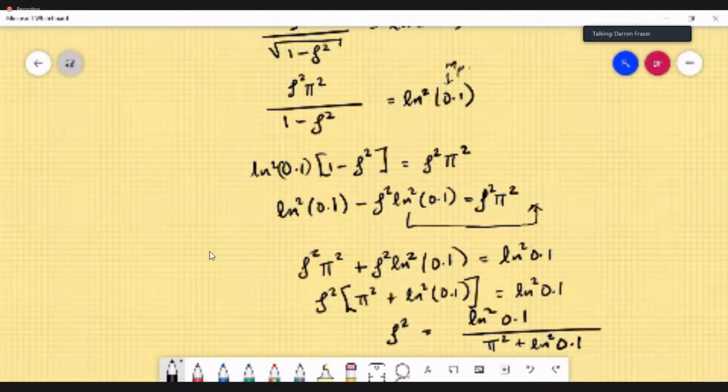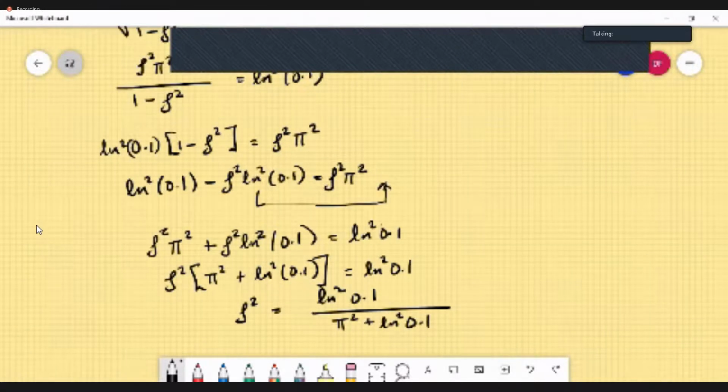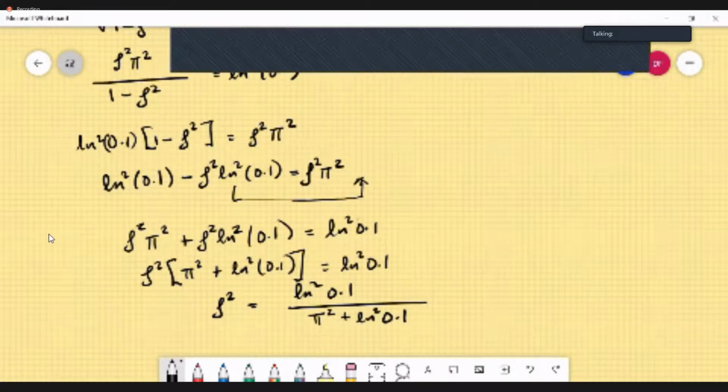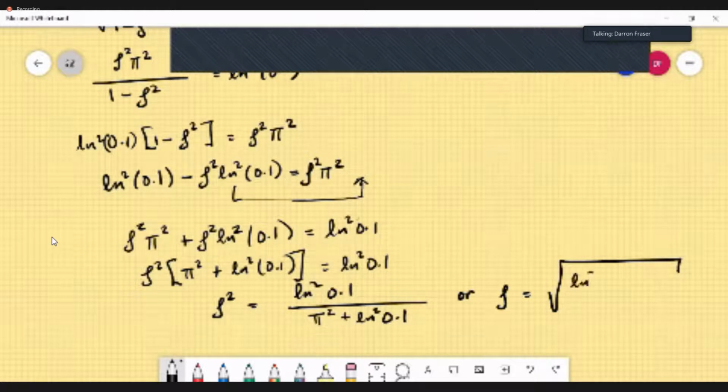And we just shift everything across. Or the damping ratio is equal to the square root of ln squared 0.1 over pi squared plus ln squared 0.1, or the general formula.